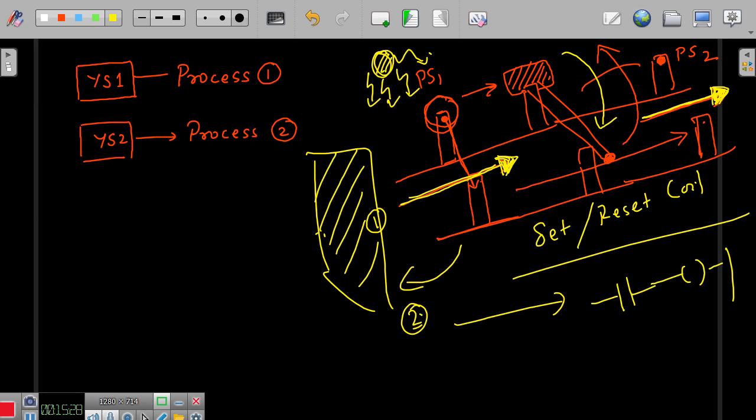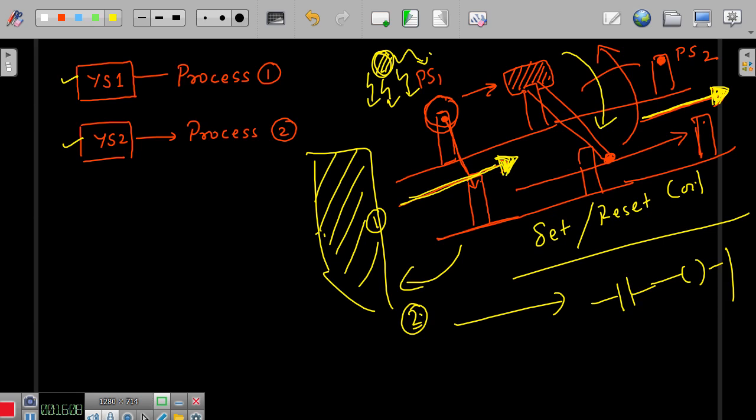Now the two processes here are to be actuated by yard switch 1 and yard switch 2, because these are to be executed parallelly. They are two different processes. Had it been a sequential operation, then probably you would not have required the master control relay here, because one after the other it takes place, right? So then there is no point in taking a master control relay. Now certain rungs in the ladder are to be executed once, and the other rungs are to be executed depending upon some other situation.